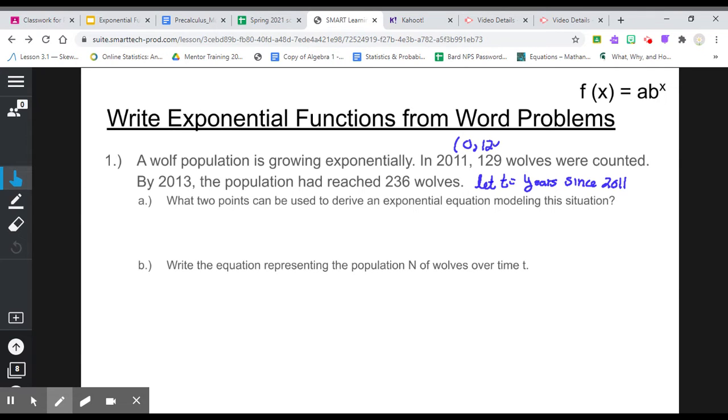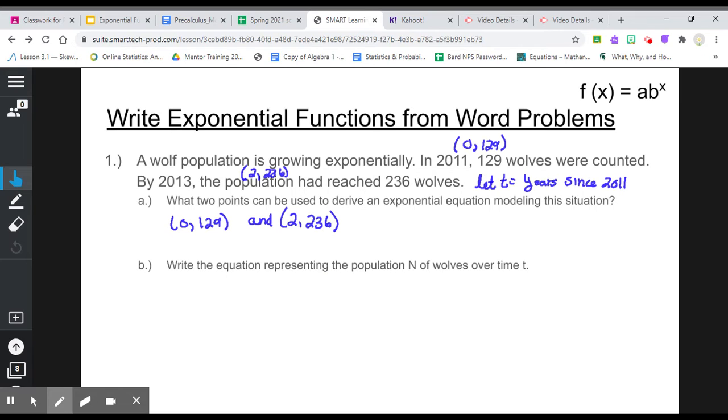So 129 is going to be my initial value. Since 2013 is 2 years after 2011, this will become 2, 236. So what 2 points? I can use 0 and 129 and, not 0, we already did that, we said it was 2. 2 and 236.